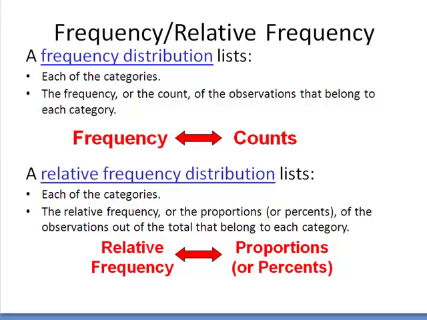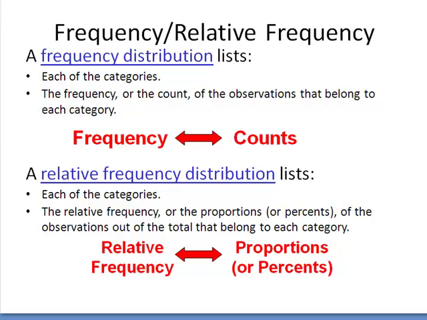So if I was looking at the variable color of your shirt and there were only red, green, yellow, and blue shirts, I'd have a list of 4 different categories. It also gives the frequency or count of the observations that belong to each category. So there could be 10 people wearing a red shirt, 11 people wearing a yellow shirt, and so forth. That's saying the frequency at which I see that shirt.